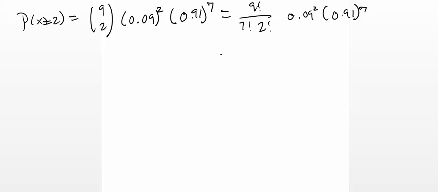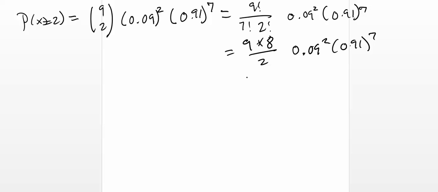When I calculated this, I got 9 times 8 divided by 2, because the 2 factorial reduces to that, times 0.09 squared, times 0.91 raised to the 7th. I got an answer here of 0.150688.